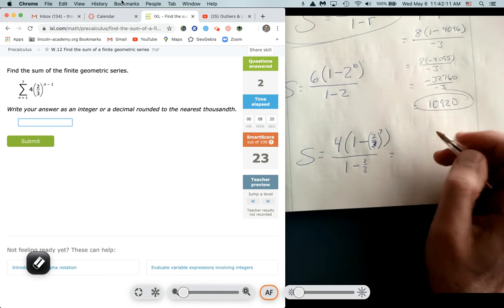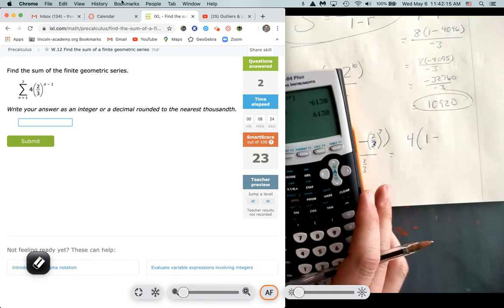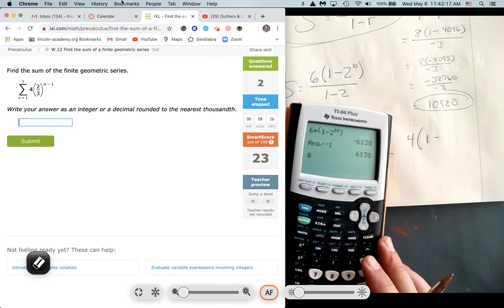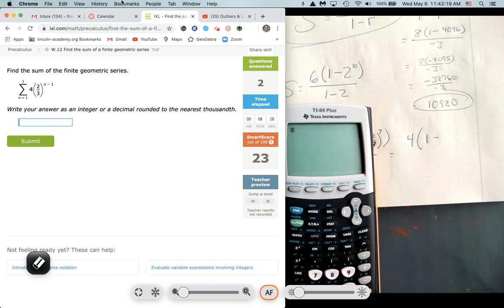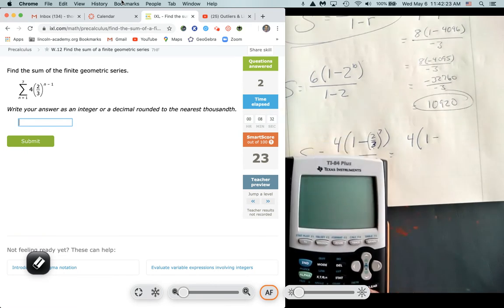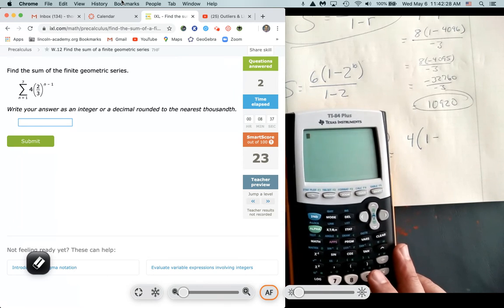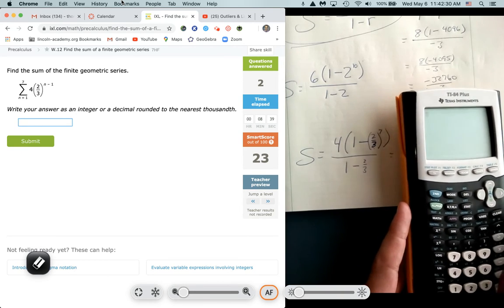So we got 4 times 1 minus, and now again, you can do this in steps on your calculator, or you can do it all at once. I'm going to do it all at once, actually, to show you. I think it's better to do it all at once, because you don't have rounding errors.